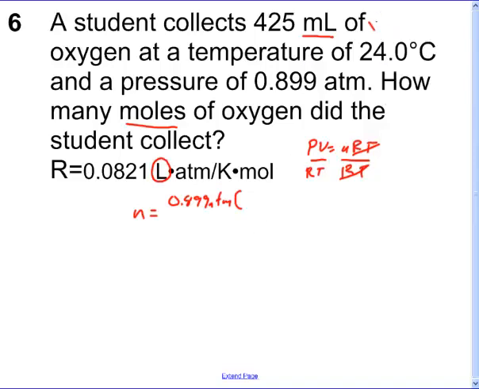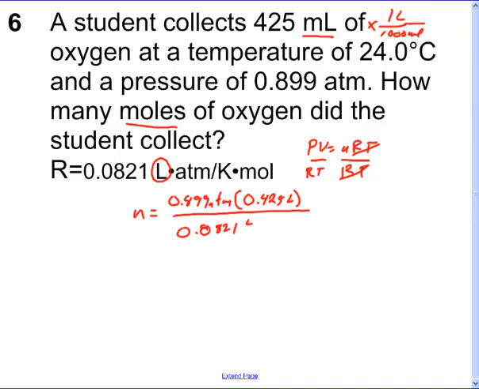All right? So I know there are 1,000 milliliters in 1 liter, okay? Or move the decimal 3 places, either way. So that gives me 0.425 liters, okay? And then R, in this case, since I'm using atmospheres up here, 0.0821.